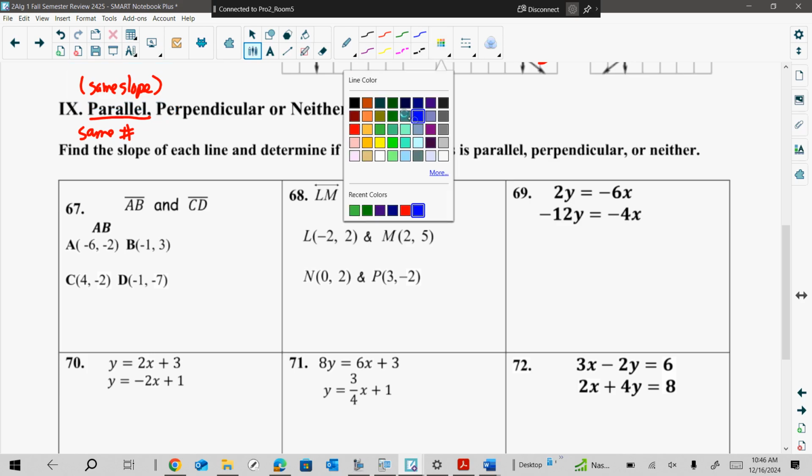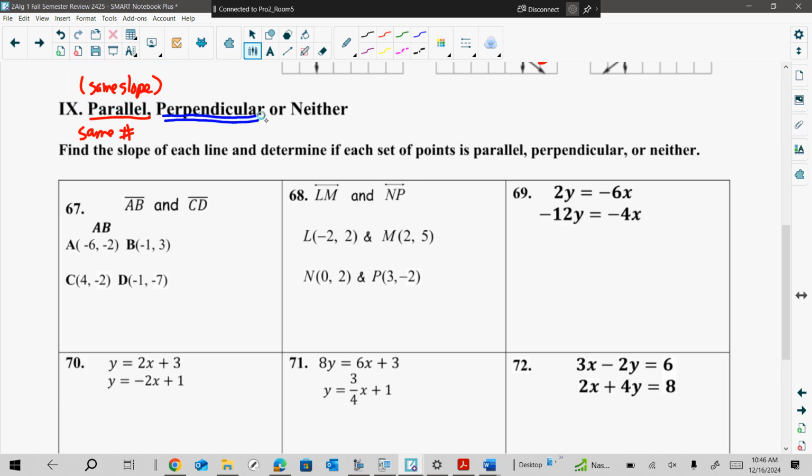If I'm doing perpendicular, perpendicular is opposite reciprocal slope. So I'm just going to abbreviate that, which means you flip the number and change the sign. And then if it's neither, it's basically saying it's not one or the other.